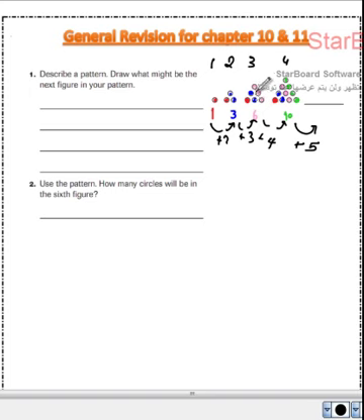Then, after I have 3, I increase the 3 rows of circles. 3 plus 3 equals 6. After that, 6 plus what? 4 green circles, plus 4. I get 10. After 10, increase 5.